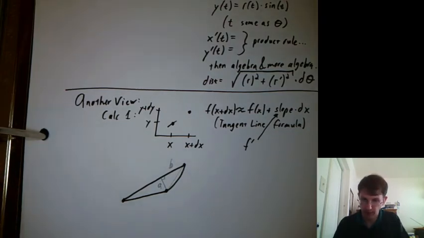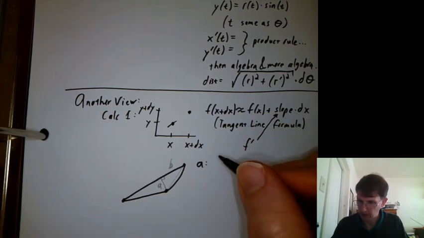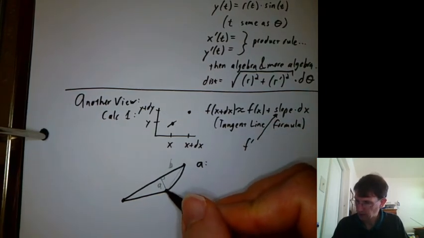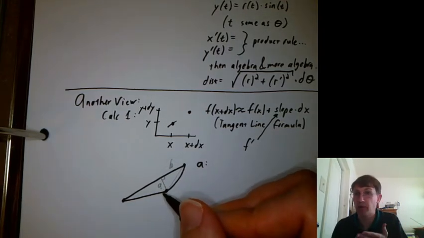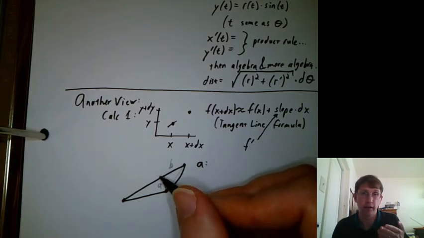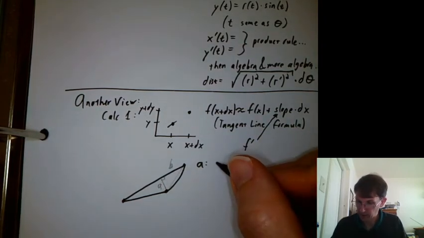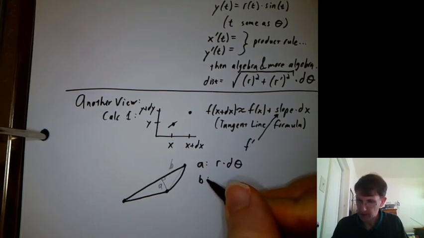So let's talk about that. What's the length of A? It seems like it would be d theta, but it's d theta out at a particular radius. The larger the radius, the larger the length of that little segment. So it's actually r times d theta. How about B?